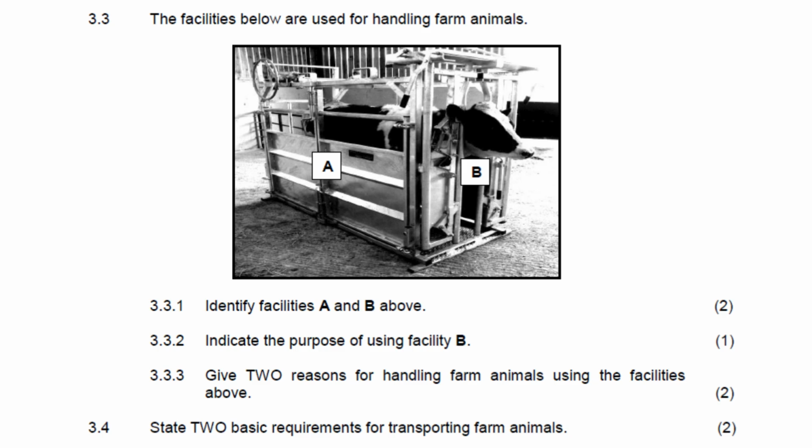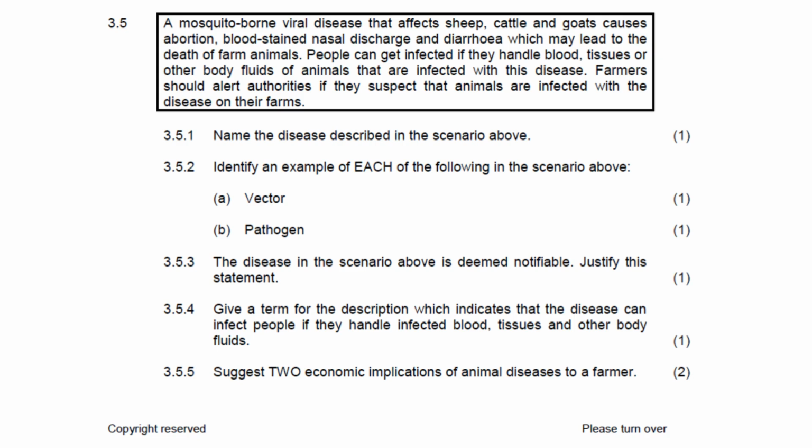Now let's move to 3.5. So a mosquito-borne viral disease. You are given a scenario here, right? A mosquito-borne viral disease that affects sheep, cattle, and goats, causes abortion, blood-stained nasal discharge, and diarrhea, which may lead to death of farm animals.